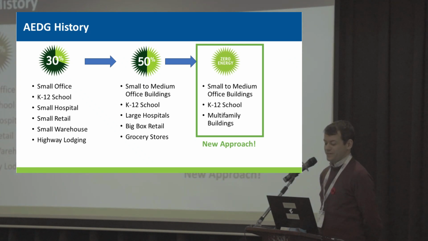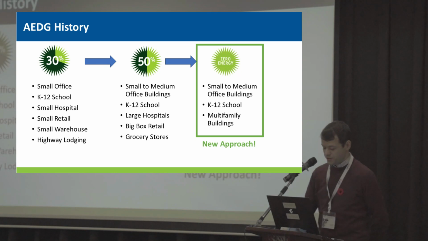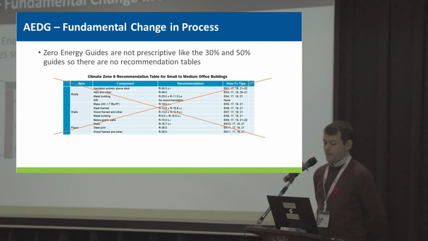One thing I should say is there's a whole new approach with the zero energy guides that we'll be focusing our discussion on today. So if you remember looking at the older advanced energy design guides for 30 and 50% savings, they were based on a prescriptive approach. So kind of like looking at the energy code, there's a prescriptive path and there's a performance path.